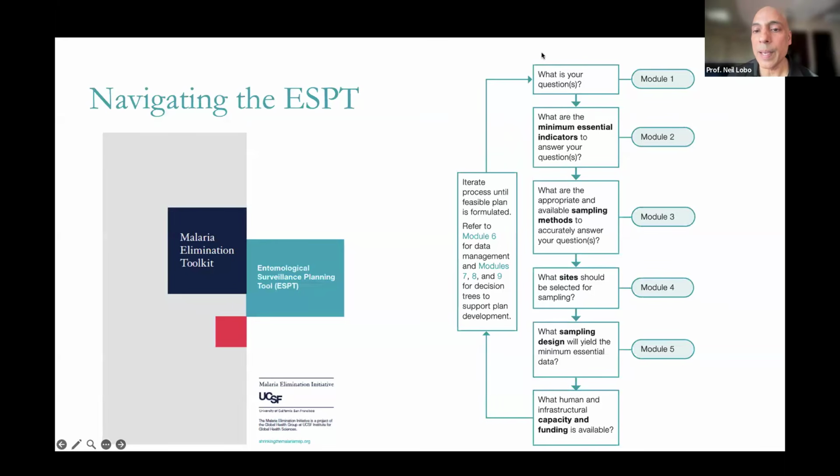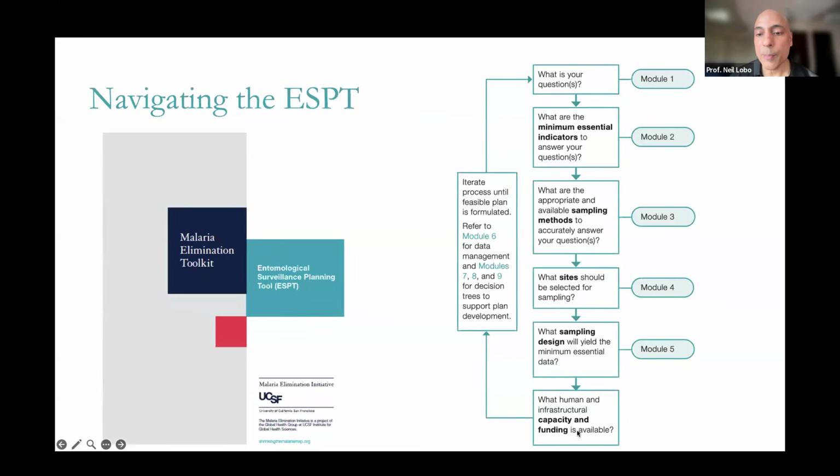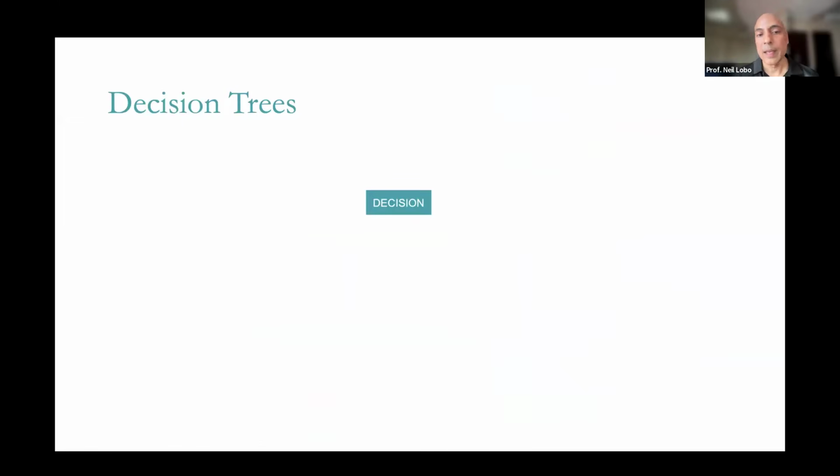You basically adjust your entomological surveillance plan to answer your question, but within your capacity and funding. And that is the primary methodology that I use to design not just entomological surveillance plans with countries, but also scientific studies.